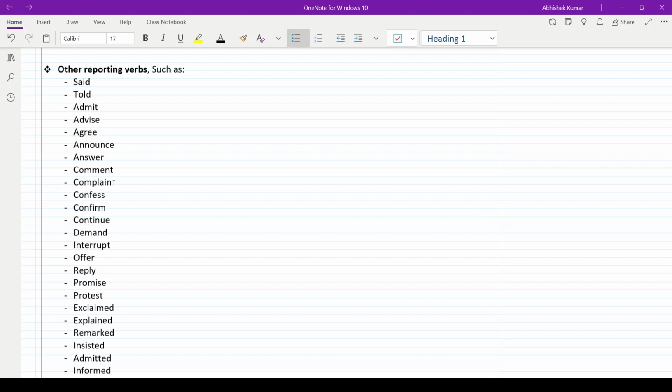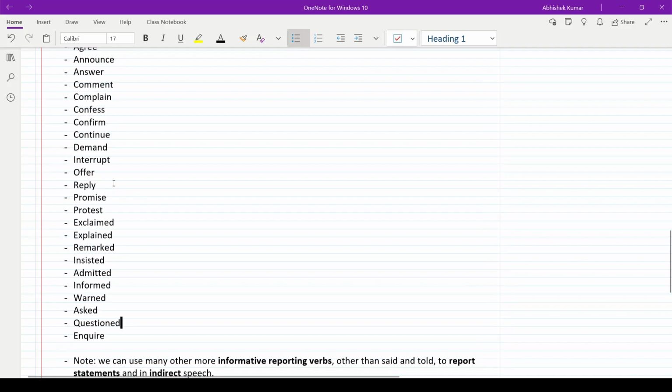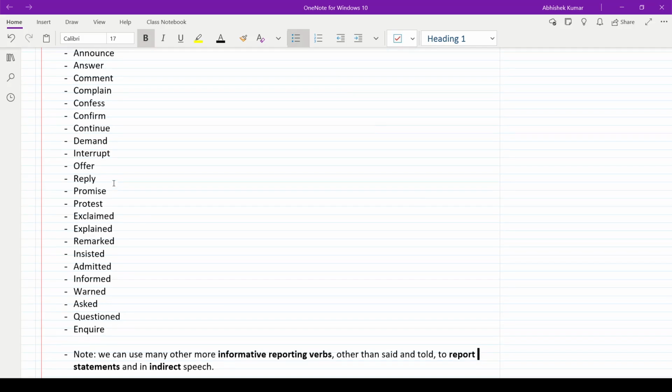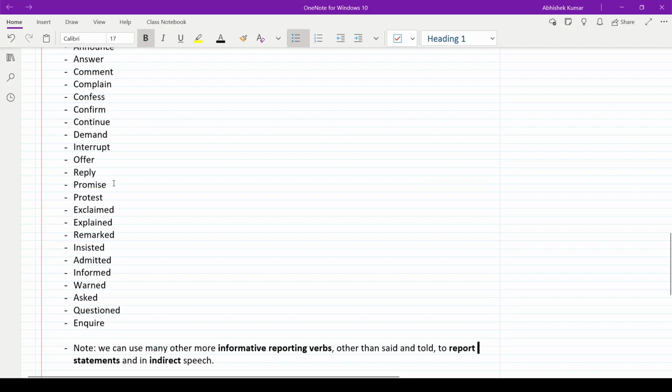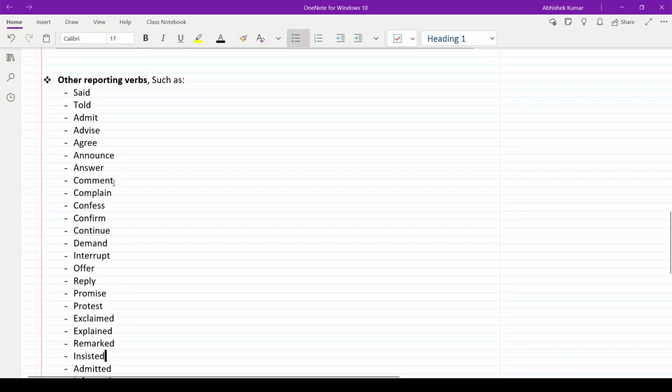Instead of he said or she said, you will say he demanded, he confirmed, he confessed, he complained, he commented, he answered, he agreed, he advised, depending upon the mood. Or if a teacher has warned, advised, or someone has inquired, depending upon the mood of the speaker, you will change the reporting verb said to one of these reporting verbs.